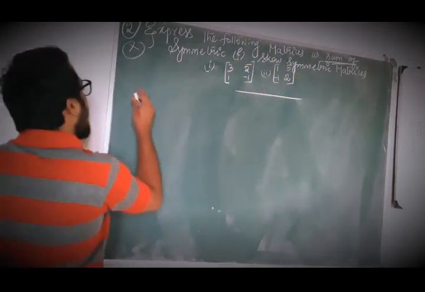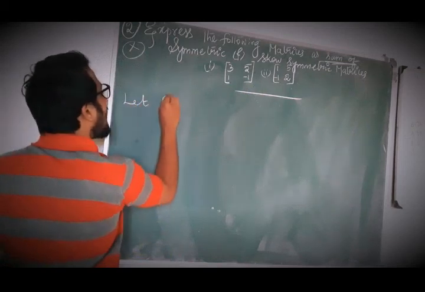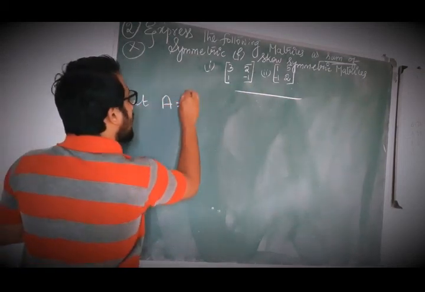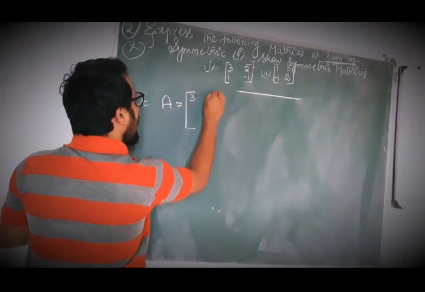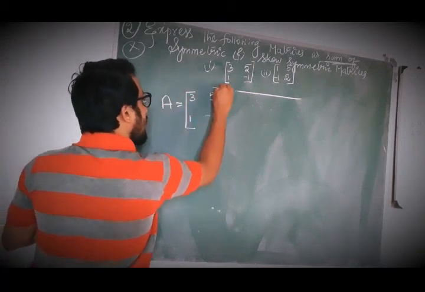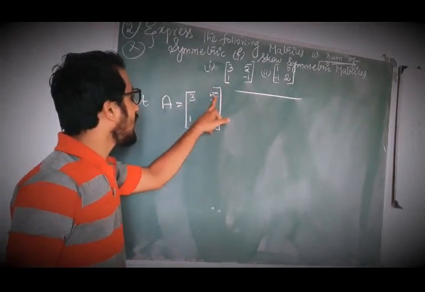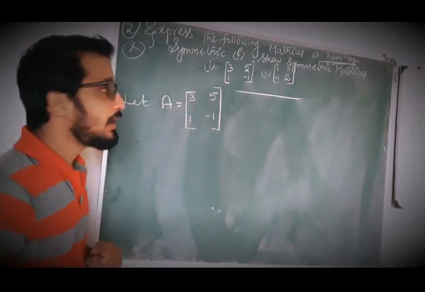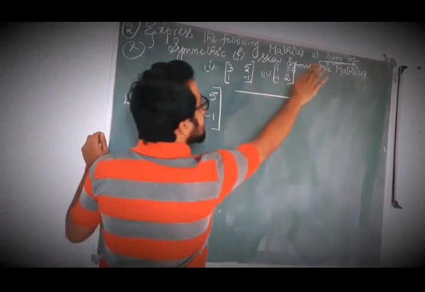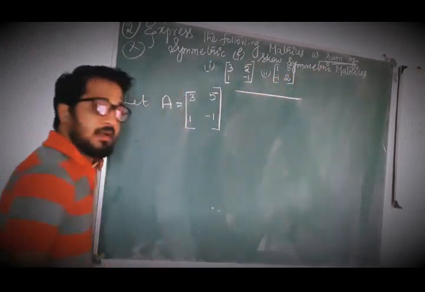That means let capital A be the first matrix, 3, 5, 1, minus 1. First I am giving a name to the matrix. Capital A is equal to 3, 5, 1, minus 1. And they are asking for sum of symmetric and skew symmetric matrices.